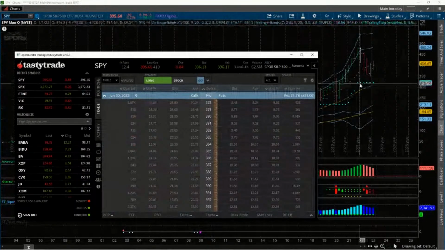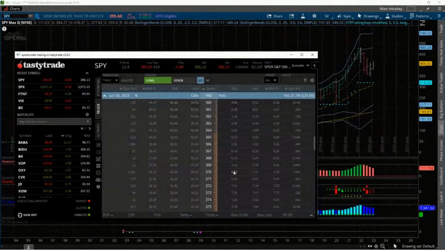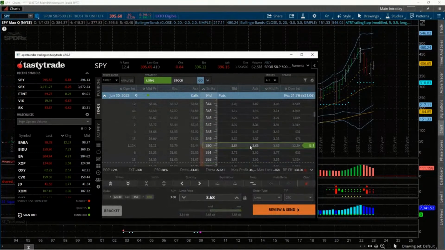The level that would correspond basically with the 3215 range is around 318 to 315. So you could go out here and jump into something like the 350, that's basically like the 3,500 butterfly. But you only pay $3.66.